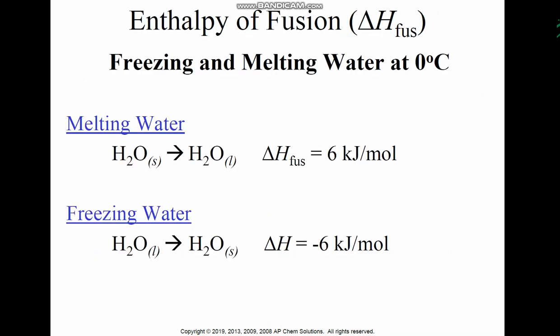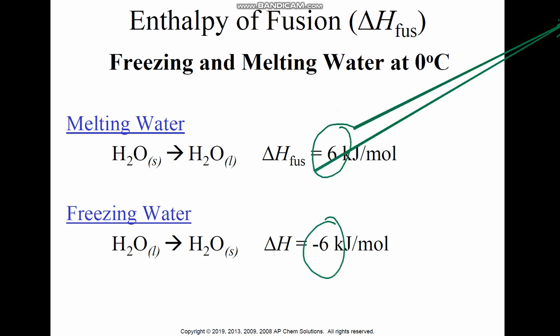So you'll see here, this is really important. At 0 degrees Celsius, the quantity of heat that flows out of 1 mole of liquid as it solidifies is going to be equal to the quantity of heat that flows into 1 mole of ice as it melts. So you'll notice here that the actual quantity is the same, but the sign changes. And we've talked about that a lot.